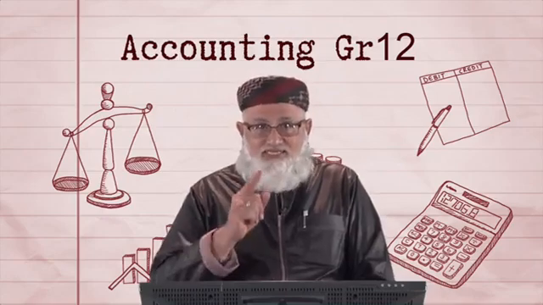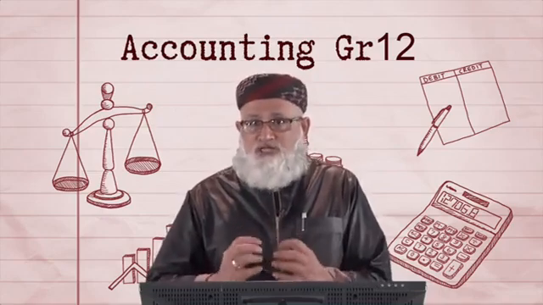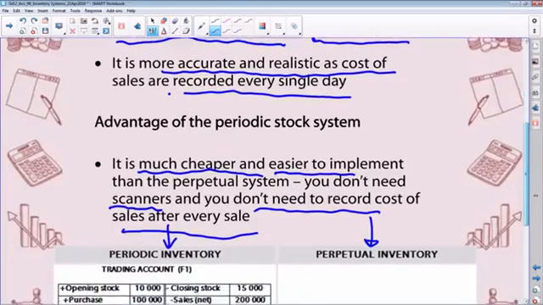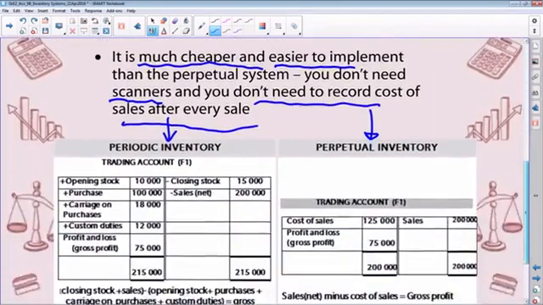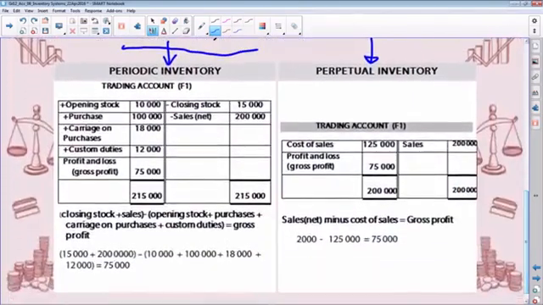Welcome back, grade 12s. Right, let us compare what my ledger account, the trading account, looks like as compared to yours. Let's go for it. Let's start with the periodic inventory account first. And what is important is for you to understand each of these concepts as they apply using your trading account, using the periodic.